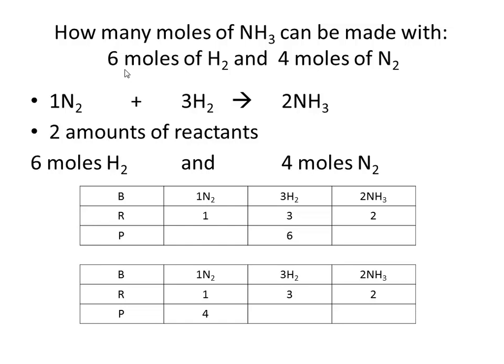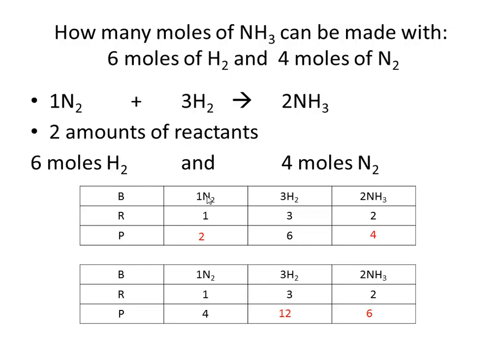You'd have to do 1 for each. The first one is with 6 moles of hydrogen, the second with 4 moles of nitrogen. The top table, we need 2 moles of nitrogen to produce 4 moles of ammonia. The bottom one, we need 12 moles of hydrogen to produce 6 moles of ammonia.